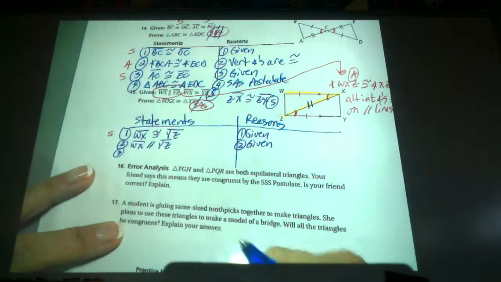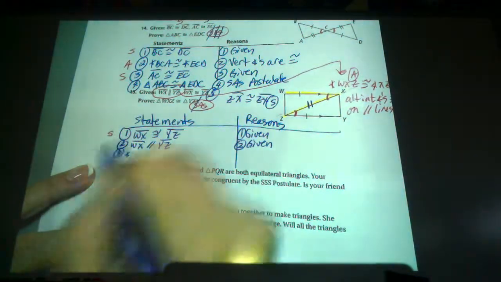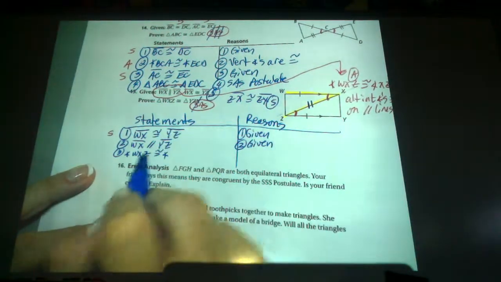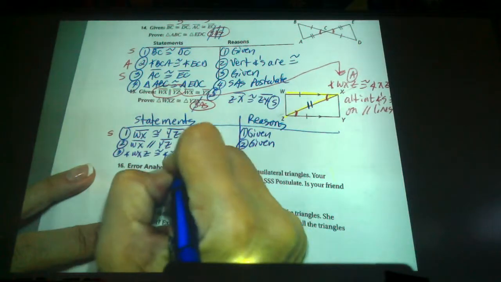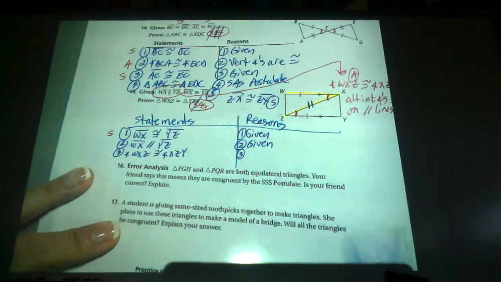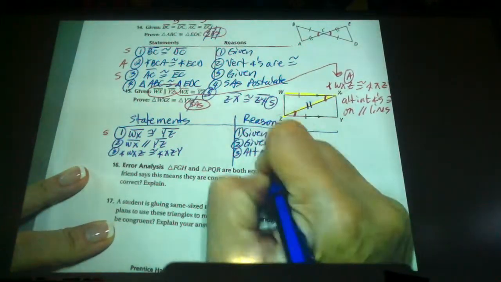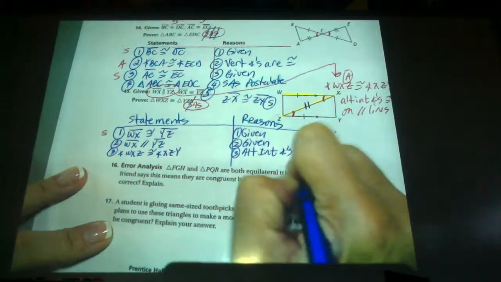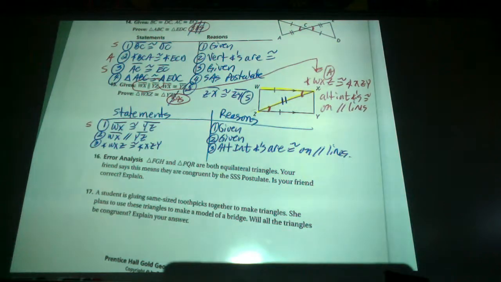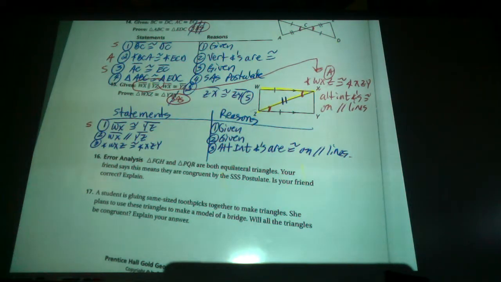So step 3, angle WXZ is congruent to angle XZY. Alternate interior angles are congruent on parallel lines. So I really paraphrase that short, which is good. It's okay. So that gives me my A.